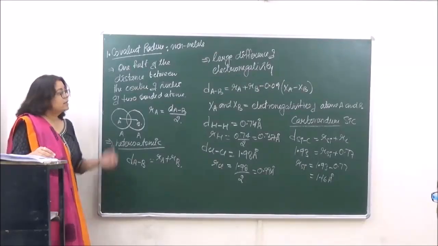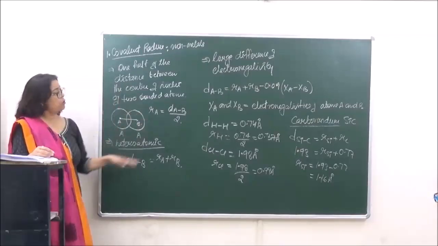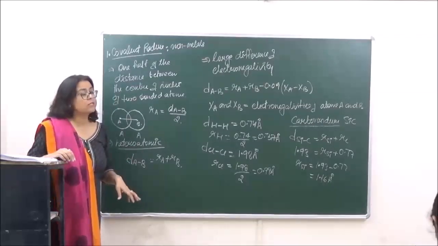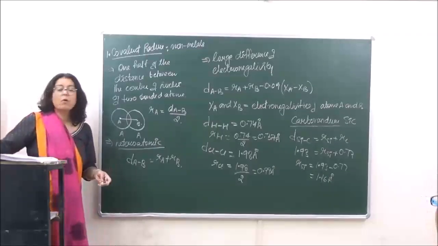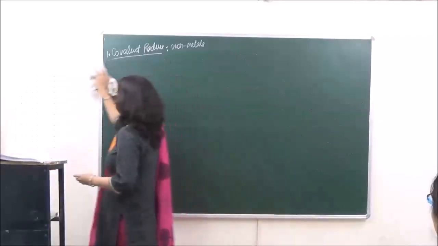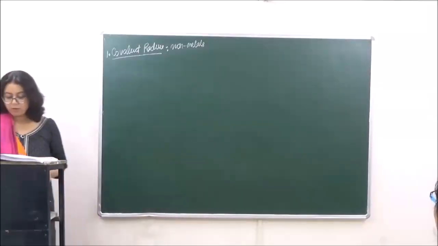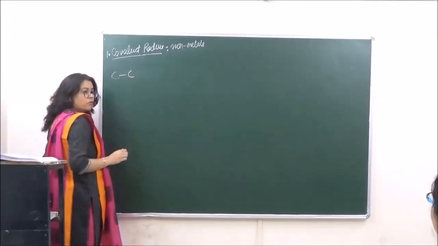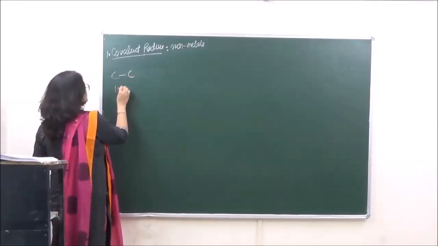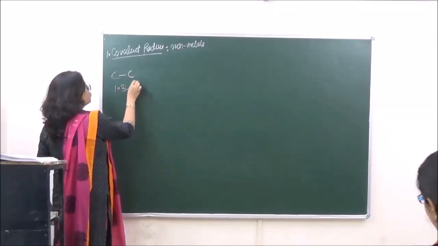Okay, clear? Now when we are talking over here, we have only spoken of single bond. Let's calculate the radius if there is a double bond present. When we are talking of a single bond of carbon-carbon, we say that the distance is 1.54 angstrom.